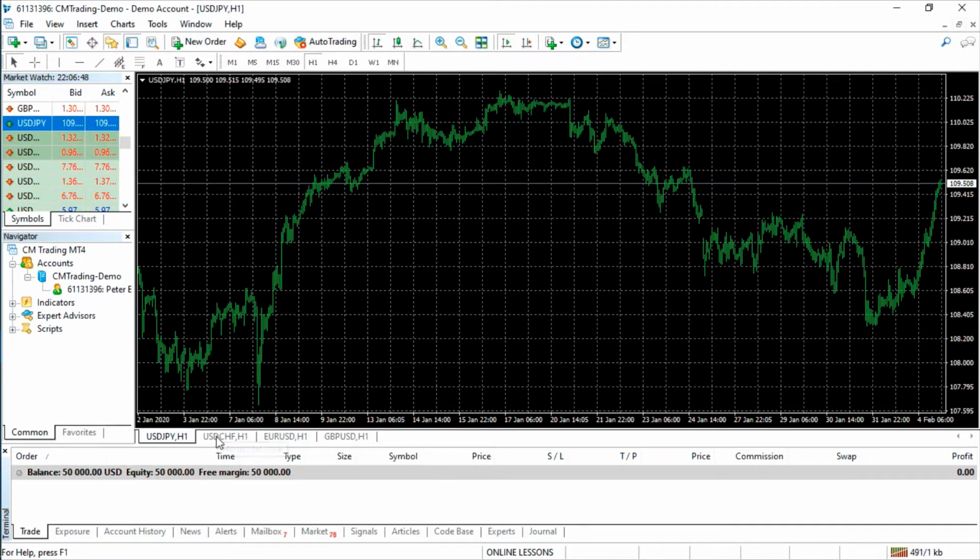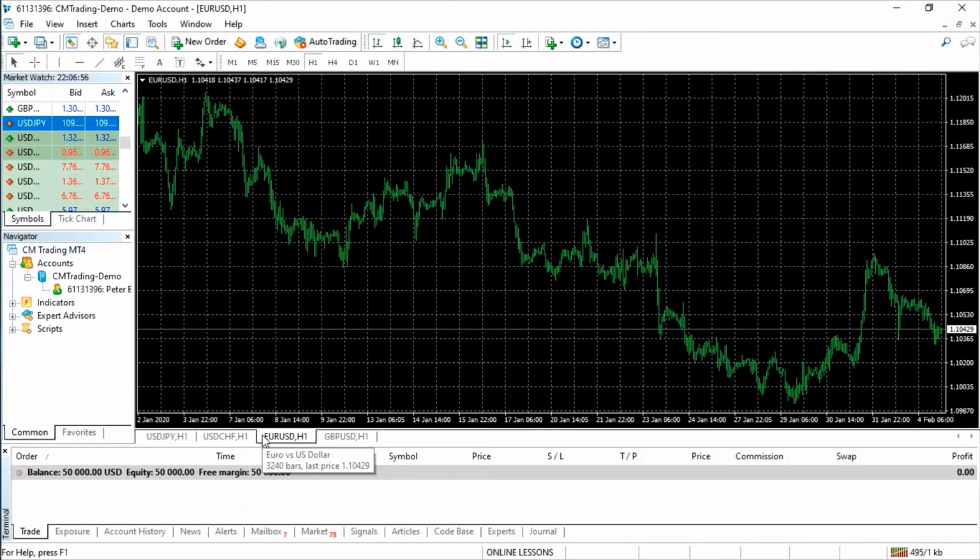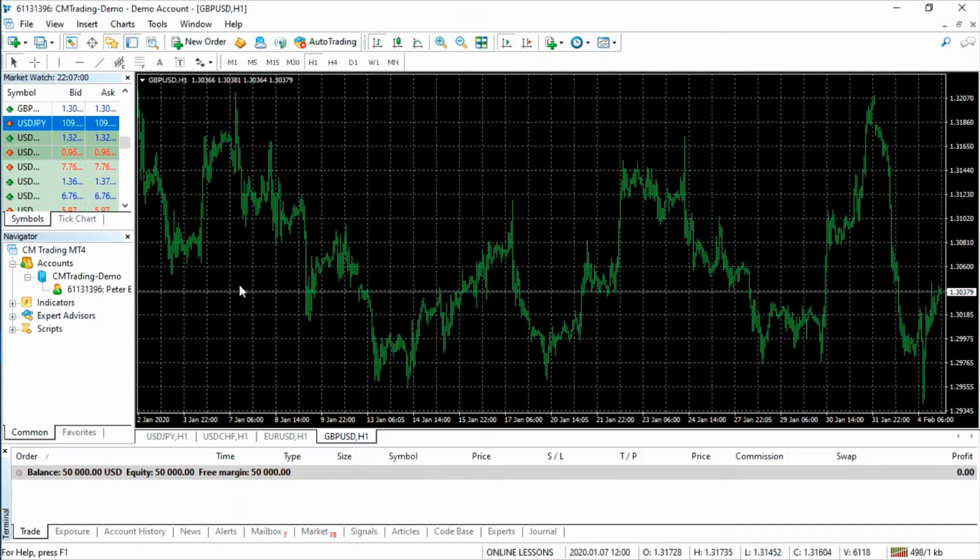This is how you change your charts, by the way. When you want to go to another chart, say USD, you can see the chart is totally different from the other one. The first currency is the base currency, then we have the counter currency. These are the prices.